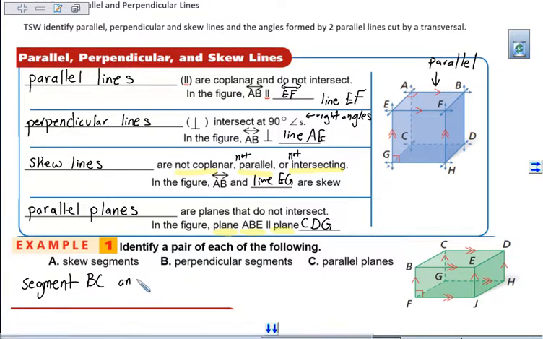So I could say segment EJ, or segment DH, or segment FJ, or segment GH. Again, notice that I wrote out the word segment, and my letters after it are capitalized because they're points on that segment.